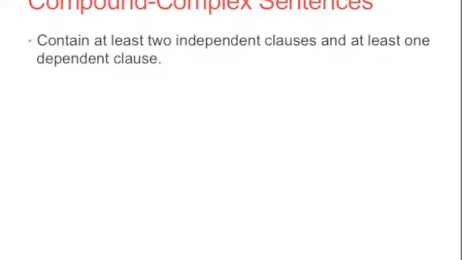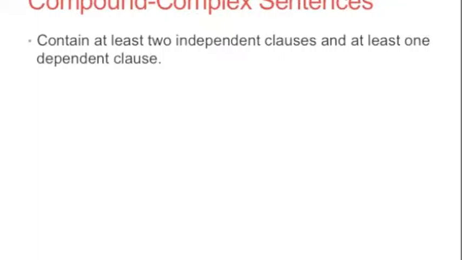So you know then that a compound complex sentence will include at least two independent clauses, because that's what we need at minimum to form a compound sentence, and at least one dependent clause, because that's what we need at minimum to form a complex sentence. However, you are not limited to only 3 clauses.